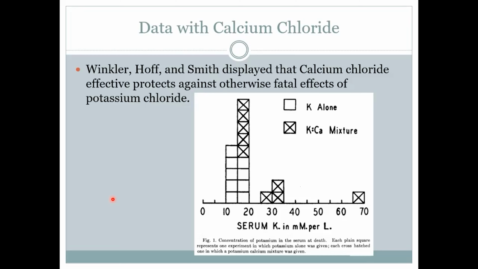Those subjects that had potassium by themselves, as indicated by the clear box here, died at much lower serum potassium concentrations compared to those that had a potassium and calcium mixture. They tolerated much higher levels of serum potassium before mortality. So again, this is another impact of calcium, showing that it is protective from this standpoint.